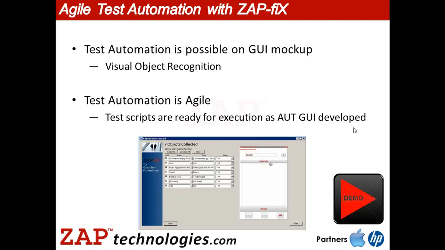Test automation is agile. Scripts are ready for execution as the application under test GUI is developed. So it tremendously extends test automation and adds value for using test automation technology, HP ALM and ZAP-FIX added.